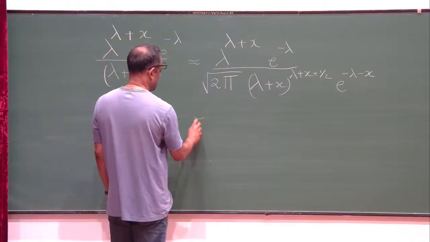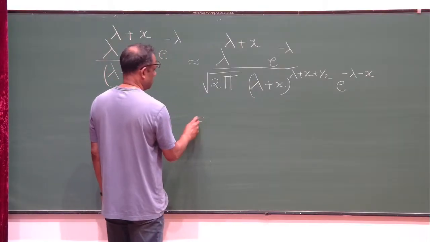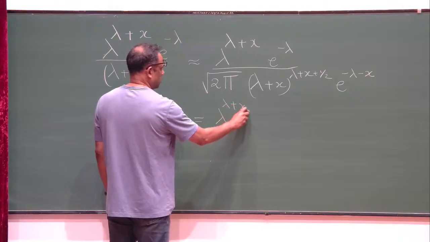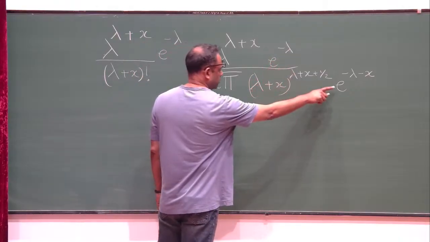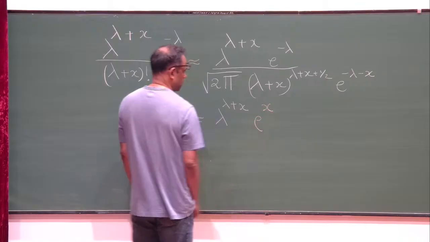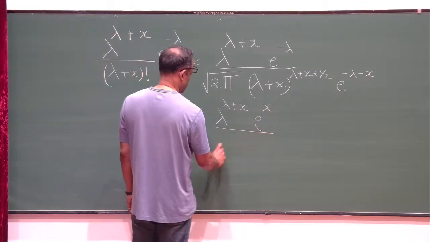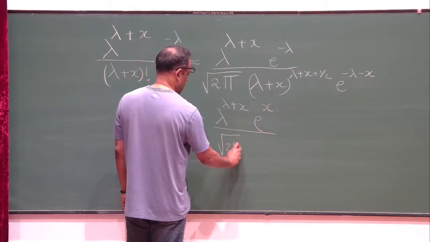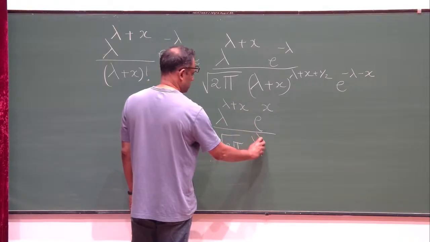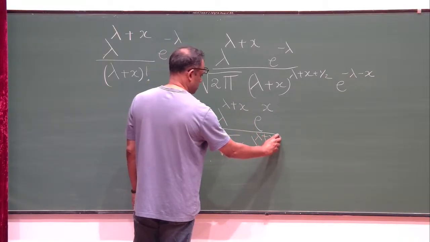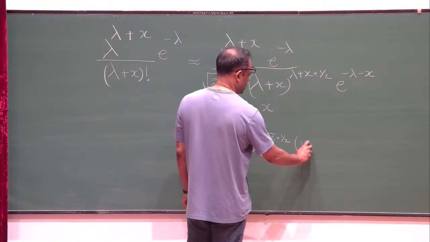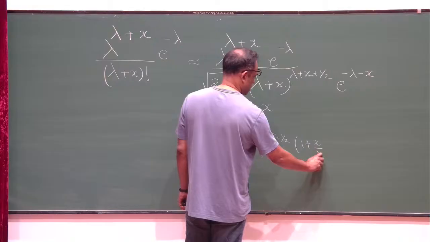So, this becomes equal to: this e to the minus lambda cancels with this e to the minus lambda, leaving e to the x, and then there is a root of 2 pi. I pull out lambda, and I am left with 1 plus x by lambda.